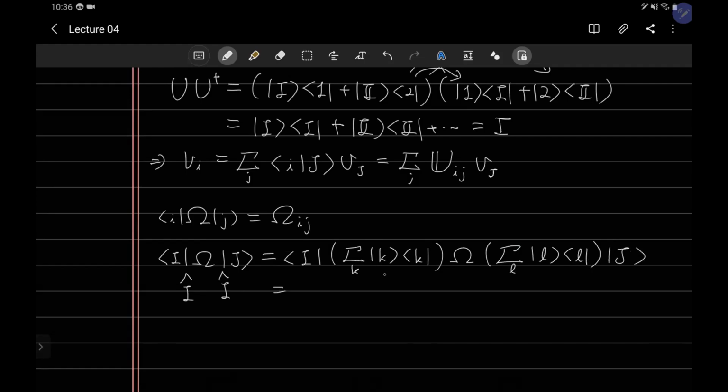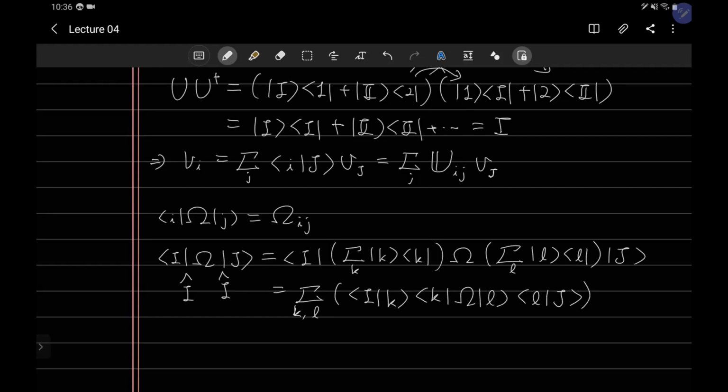Then there are double summations, so I can just pull out the summation notation outside here, and what I have is I small k and k omega L, and then L J, something like this.